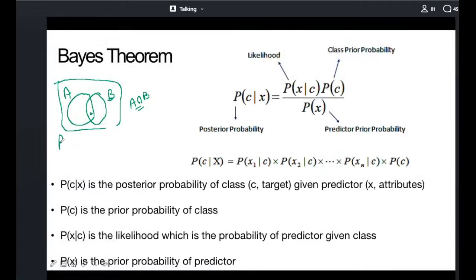For example, the probability of event A when event B has already occurred, we can write as probability of A given B. And that is nothing but the probability of A intersection B divided by the probability of B.